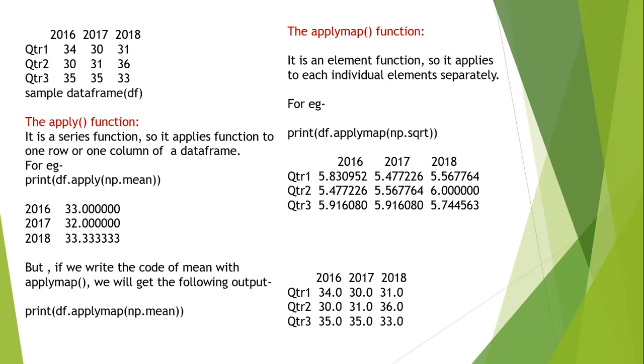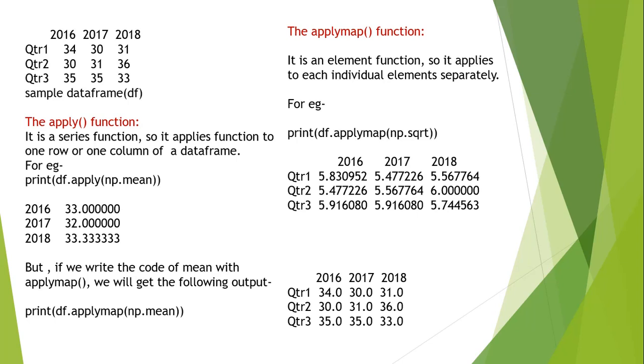You can see QTR1 has got 34.0, 30.0, 31.0, QTR2 is 30.0, 31.0, 36.0. So you can see the difference: apply map has provided this result, and apply with the same mean function has provided some other result.